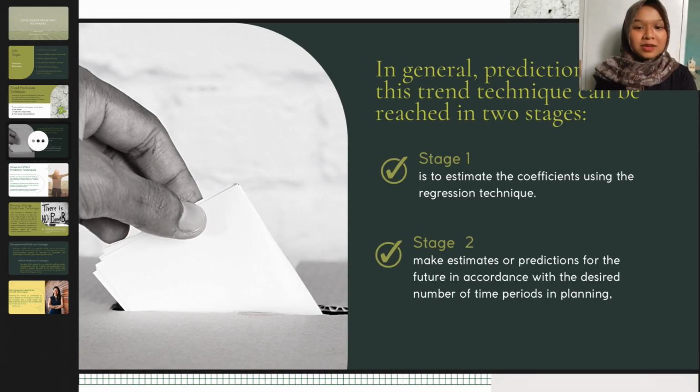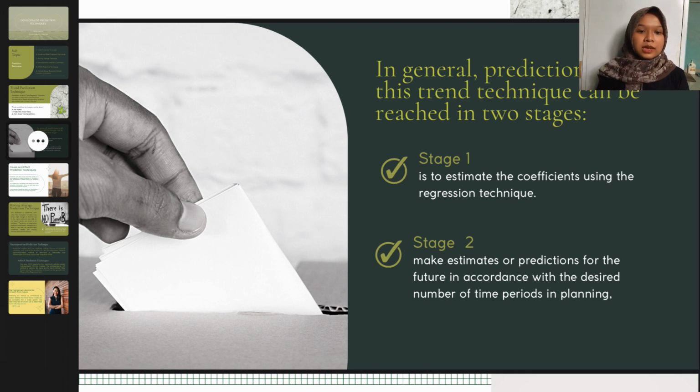In general, prediction with this trend technique can be reached in two stages. The first stage is to estimate the coefficient using the regression technique. After the estimation, it is necessary to first know whether the result of the regression estimation can be used by looking at the level of significance of the statistical test results.